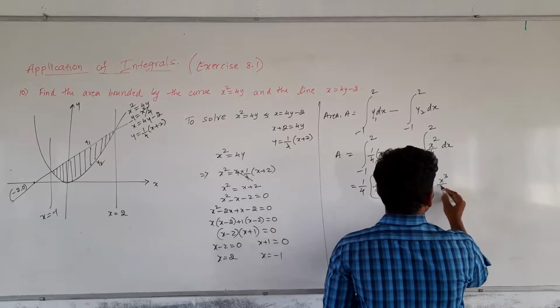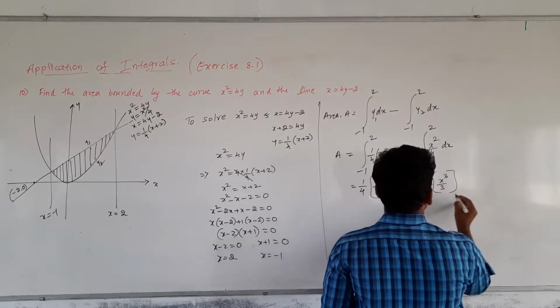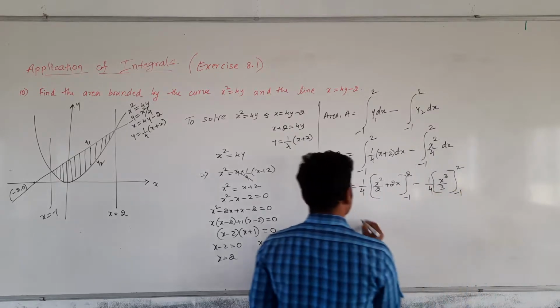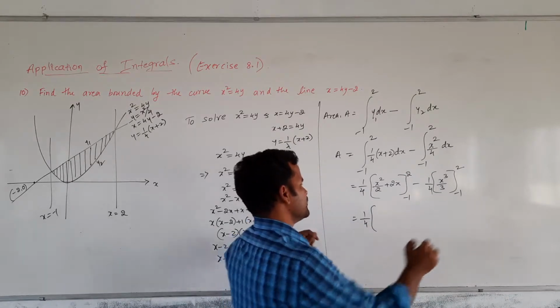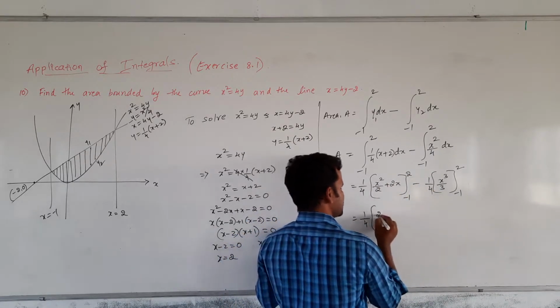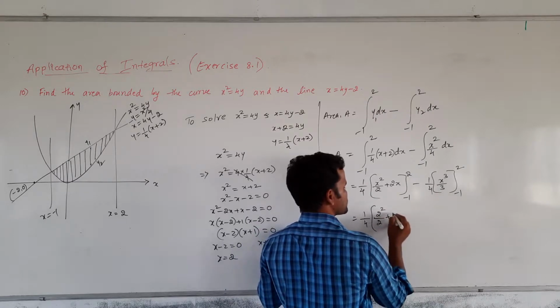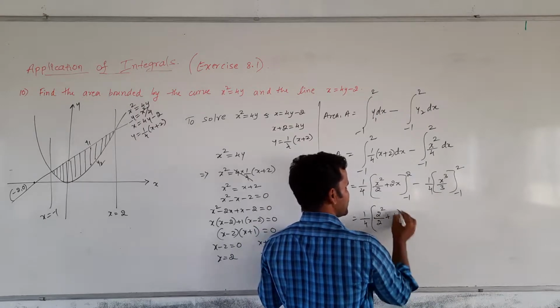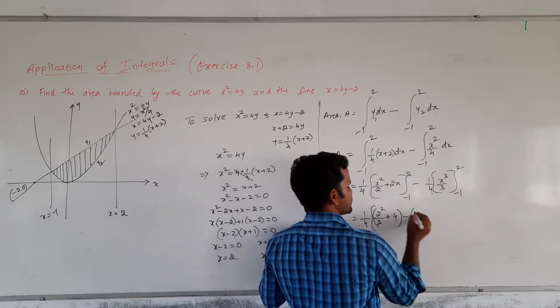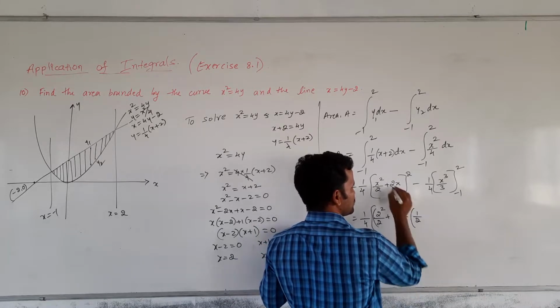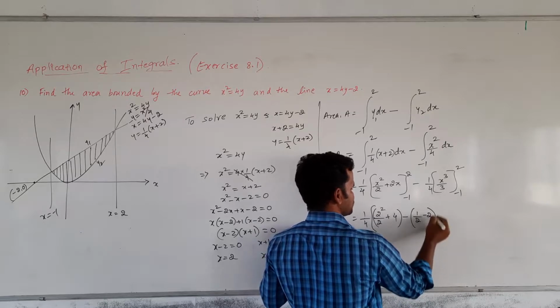Integration of x square is x cube by 3, from minus 1 to 2. Okay, 1 by 4 into upper limit we will substitute. This is 2 square by 2 plus 2 into 2 means 4, minus of lower limit substitution, minus 1 square means plus 1 by 2, 2 into minus 1 means minus 2.